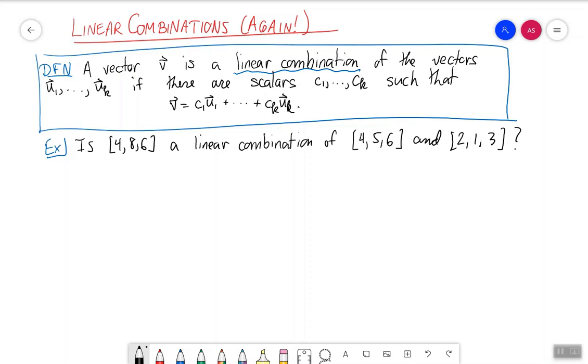What we're trying to do is ask, are there scalars?